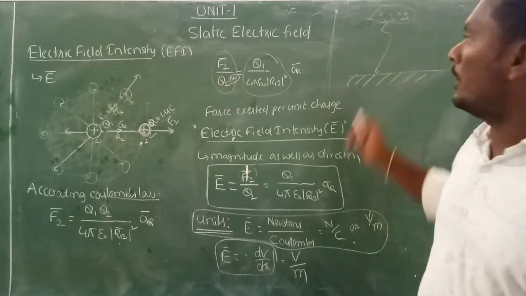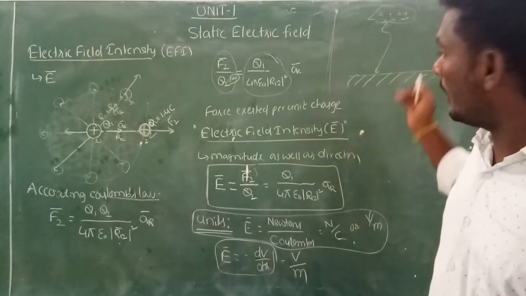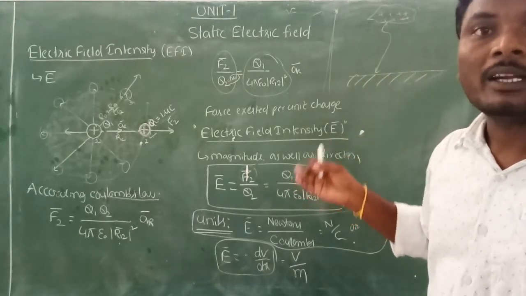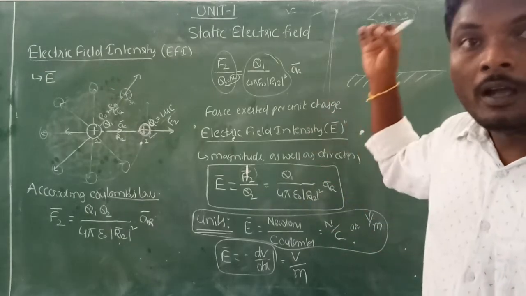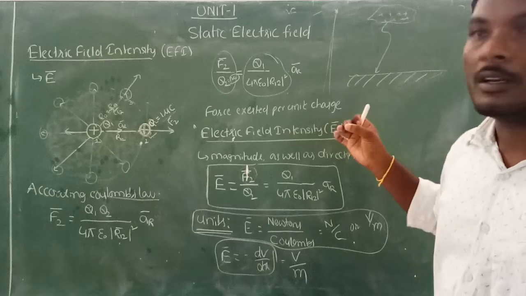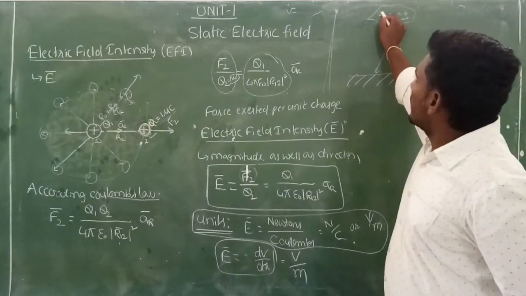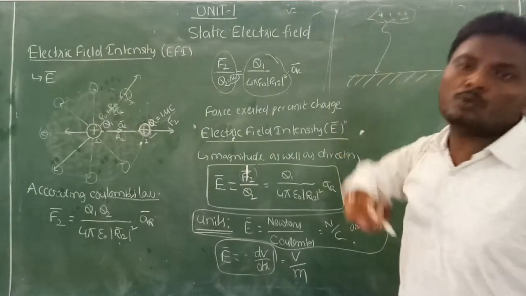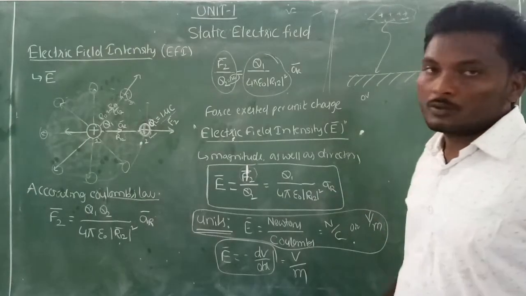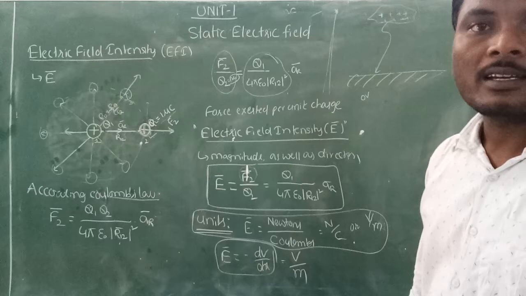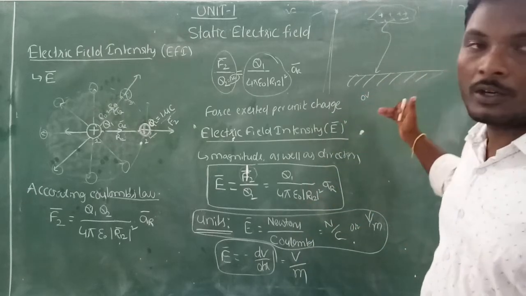A lightning occurs from cloud to earth. Lightning is nothing but an electrical discharge. Electrical discharge always takes place from high potential to low potential. See, this cloud has a very huge amount of potential, whereas earth has zero potential. So that's why electrical discharge always takes place from high potential to low potential.